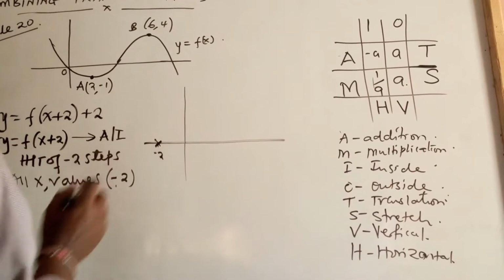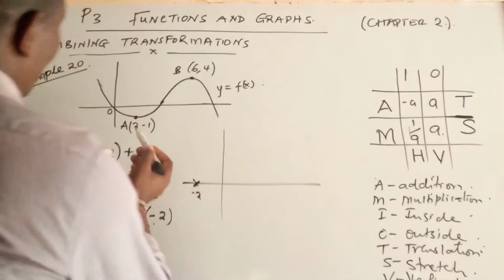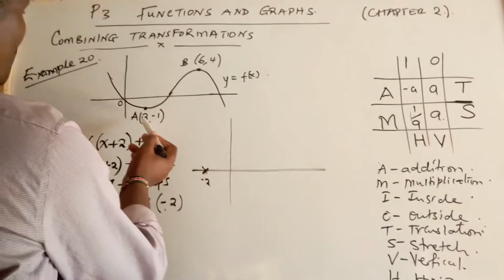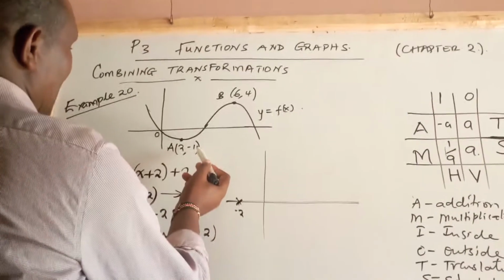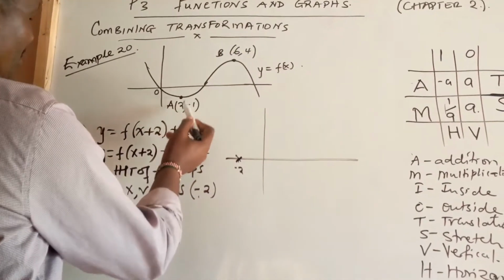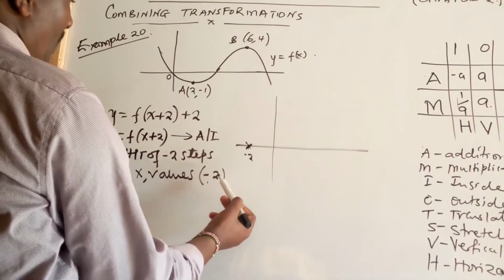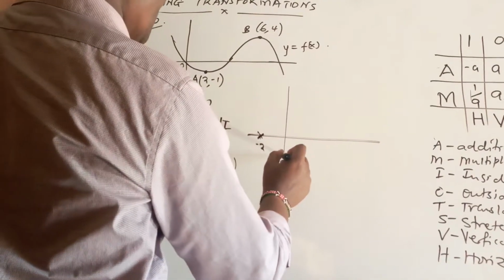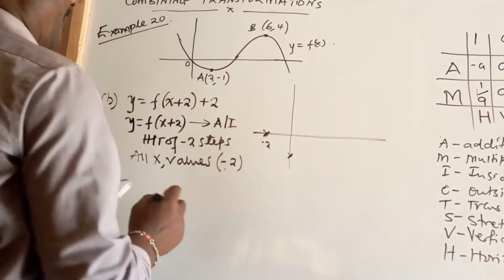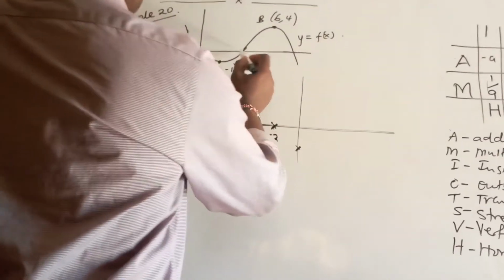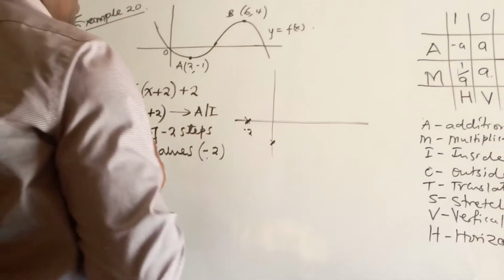The graph will pass there. The graph was passing through point A, which was (2, -1). The x value will be affected by 2 minus 2. It will be (0, -1). And of course, whatever this was will change into minus 2.